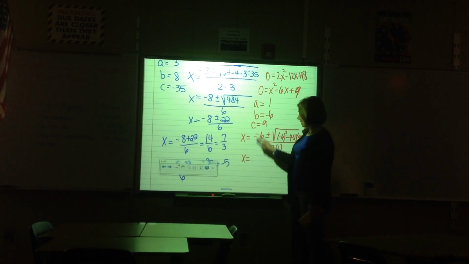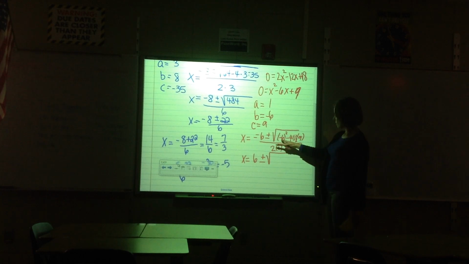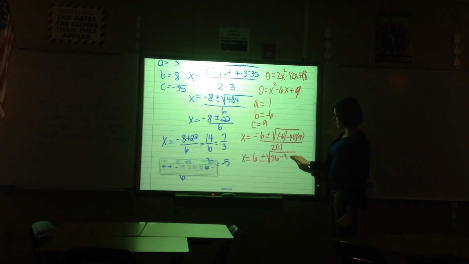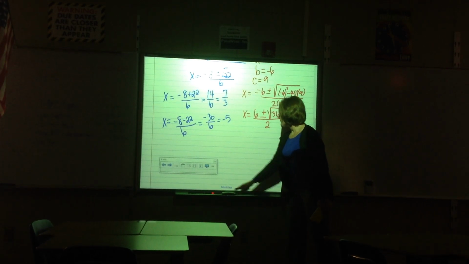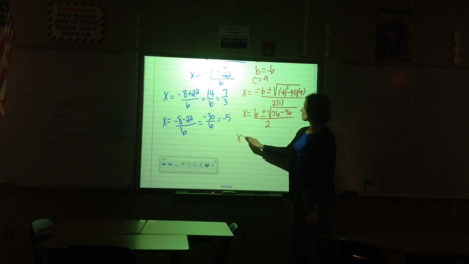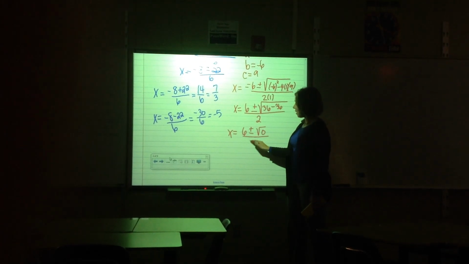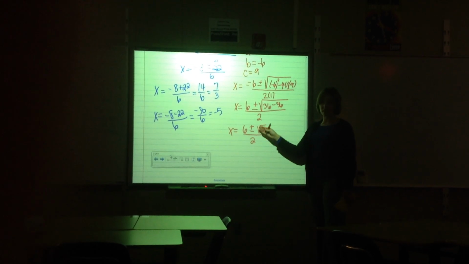So we have -6 is positive 6, plus or minus the square root. This is going to be 36 minus 36, all over 2. So x is going to equal 6 plus or minus the square root of 0, all over 2.